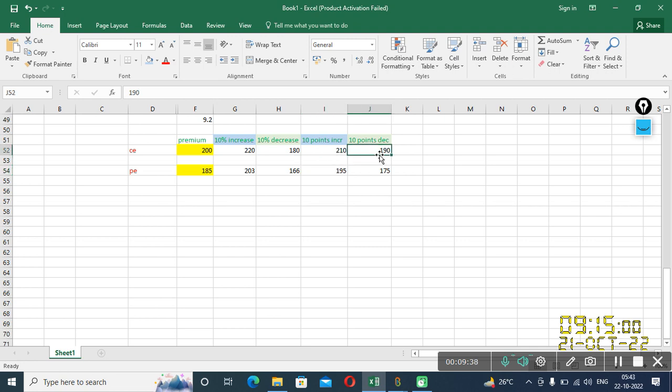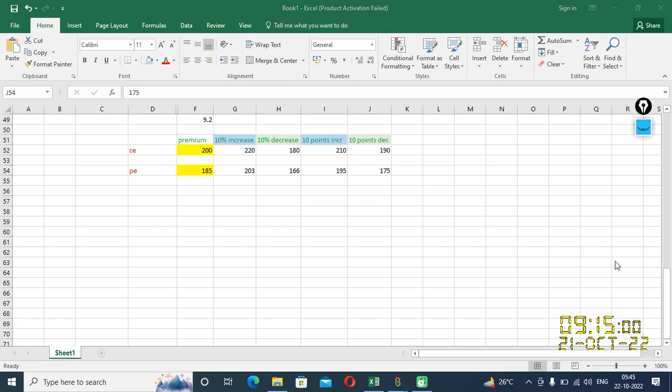Now comes 10 point decrease. अगर ये प्रीमियम मेरा 200 से 190 हो जाता है, then only it should enter into the trade. Similarly with the PE, अगर 185 था entry time पे price, then it should decrease by 10 points, which comes out to be 175, then only it should enter into the trade.